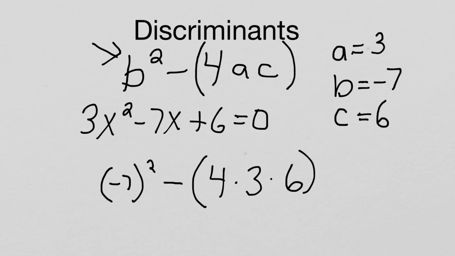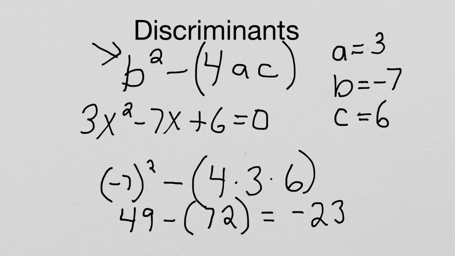I'm going to do my (-7) squared first. I put the parentheses around this so you know you have to multiply -7 times -7, which is going to give me +49. Then I'm going to do everything inside the parentheses. 4 times 3 is 12, times 6 is 72. Use your calculator if you don't know your 12s. 49 minus 72 is going to give me -23. So my discriminant is -23.